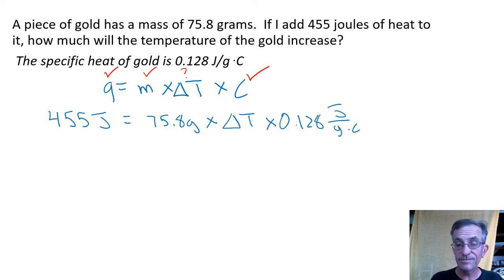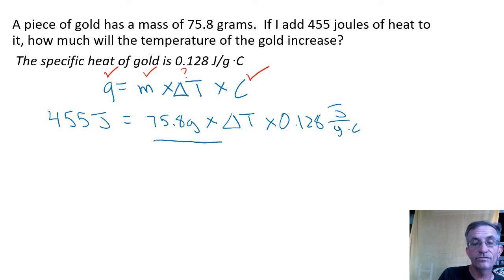Now we got to get delta T by itself. Just like when we convert, you take the numbers that are next to what you're solving for and move them to the other side. If they're on top, you put them on bottom and cancel them out. Another way of saying that is I have to divide by them.